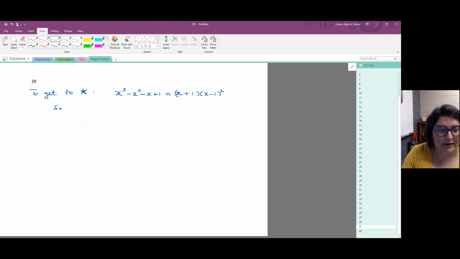So what we have is that 4x over the cubic polynomial can be written as a constant divided by one linear term plus a constant divided by the linear term x minus 1 plus a constant divided by the linear term squared.